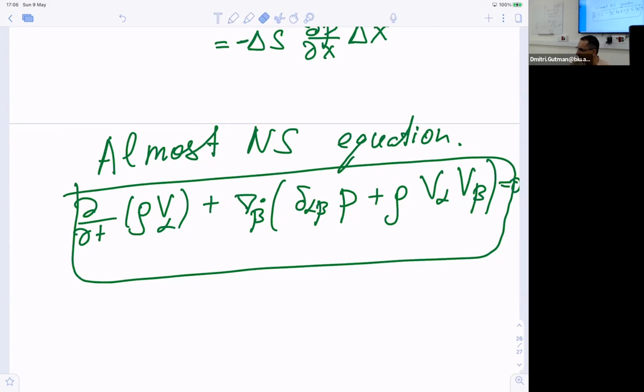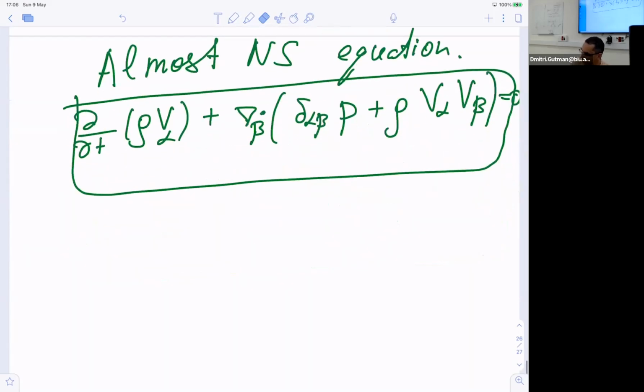Maybe viscosity. Correct. That's exactly what is missing. What we got right now is a classical fluid with no viscosity. There is no viscosity in this equation.